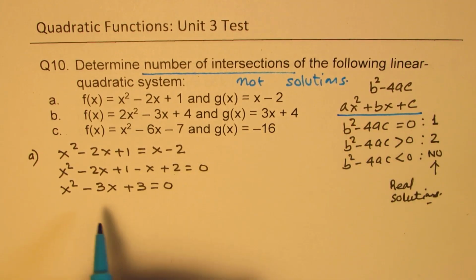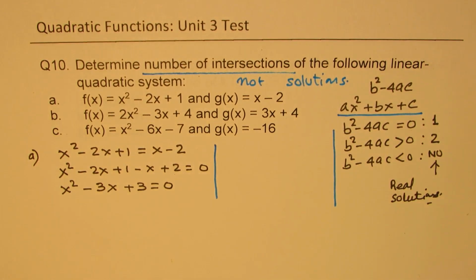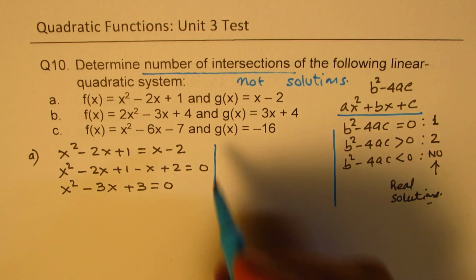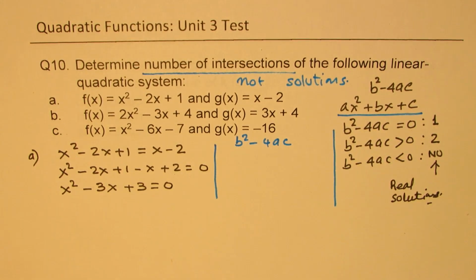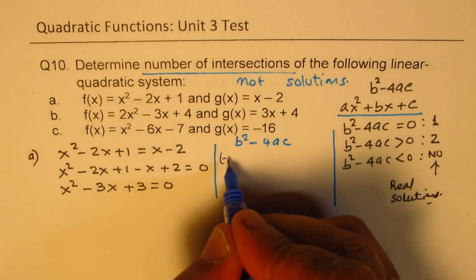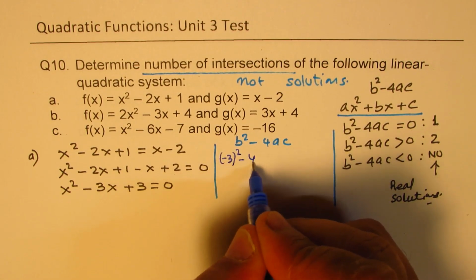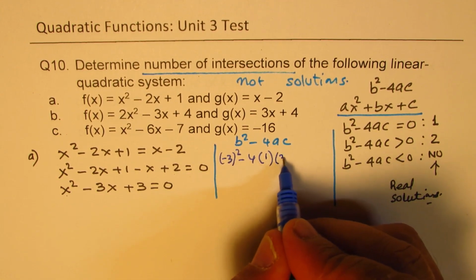Is that clear? Now we know that b is minus 3. So let's test for b square minus 4ac now. So in this case, b square is minus 3 square, minus 4 times a is 1, c is 3, right?